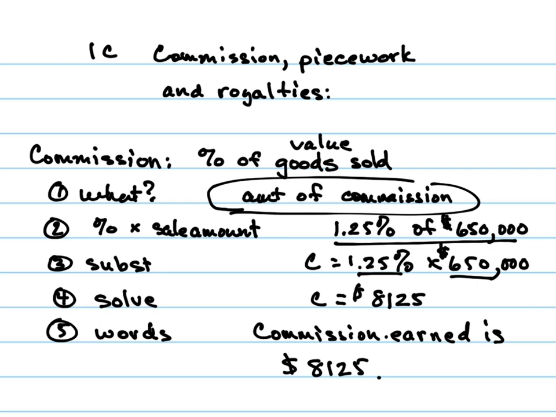However, you may not earn commission on the entire price of items sold. You may just get a straight salary or something for some of it, and then you get commission after you've sold more. So let's look at an example of that. So for example, an electrical goods salesman is paid $570.50 per week.